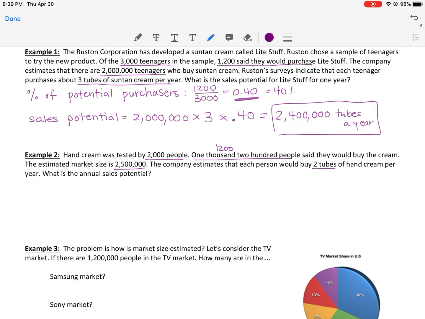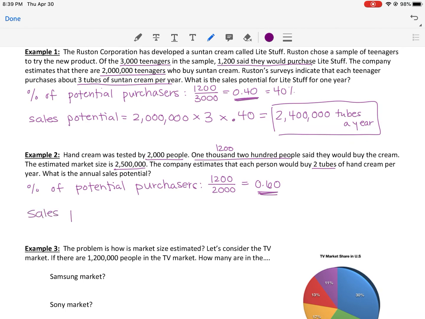What's the annual sales potential? So first, the percent of potential purchasers. This is from last time, right? Think about taking the 1,200 out of the 2,000. So we get 0.60. You can definitely call that 60%, but we actually want to use the decimal format here, so we're really going to leave it like that.